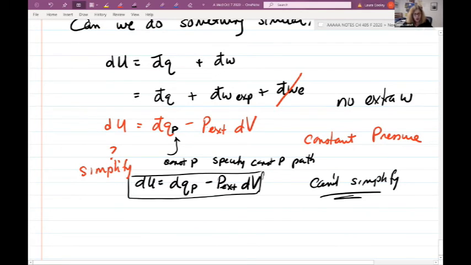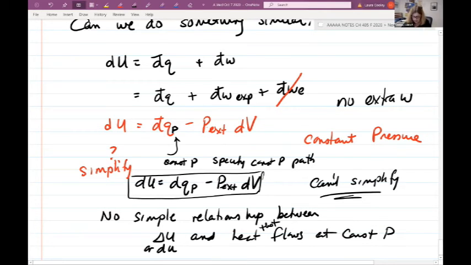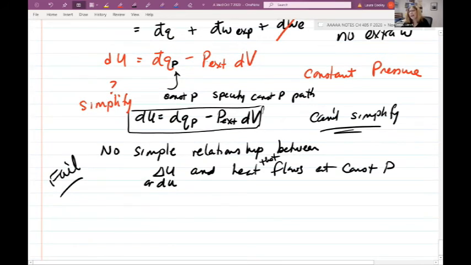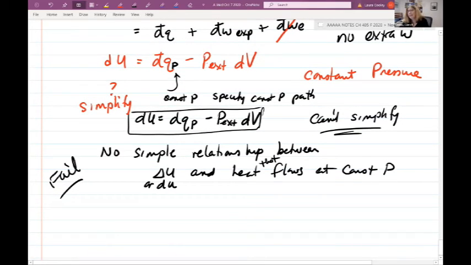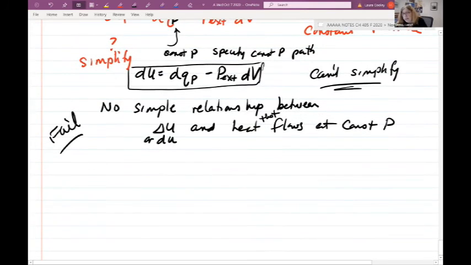And there's really no simple relationship between delta U or dU and the heat that flows at constant pressure. So it's like a fail, right? Okay, so that's why we invented enthalpy. This is why enthalpy came into being.